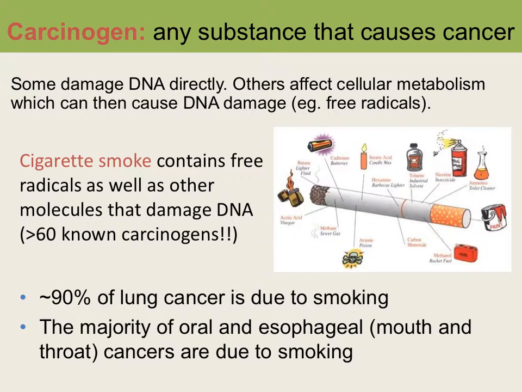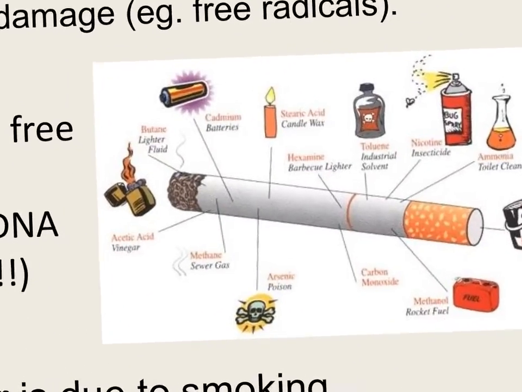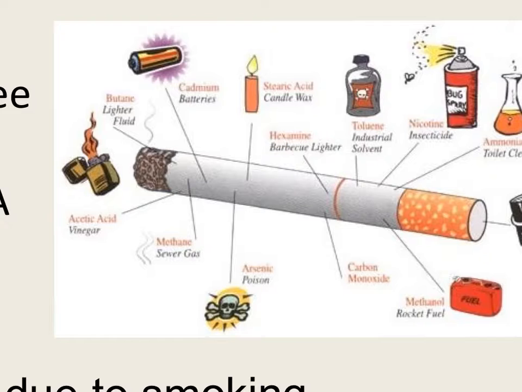Now, we've talked about carcinogens, and a whole bunch of them. Cadmium is an element that is cancerous. Barbecue lighter, toluene, an industrial solvent, so a lot of hydrocarbons like gasoline and kerosene and things like that are generally carcinogens.